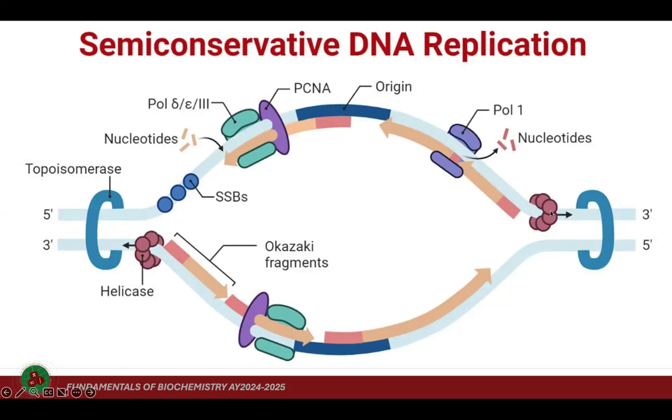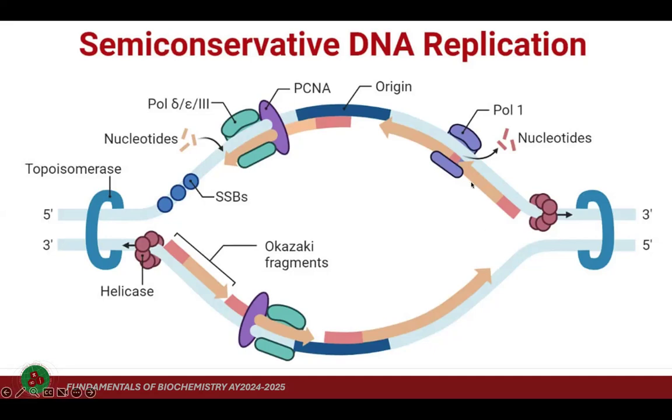One of these replication forks is going from right to left, and the second replication fork is going from left to right. And what I mean by this is the synthesis of the new DNA strand.